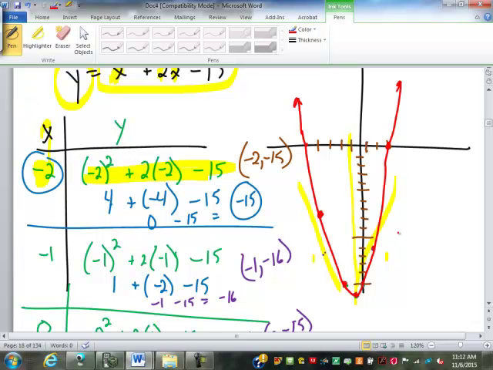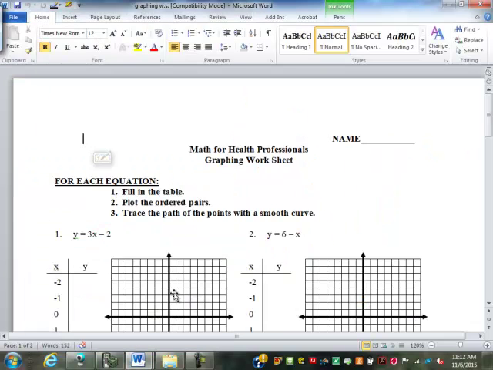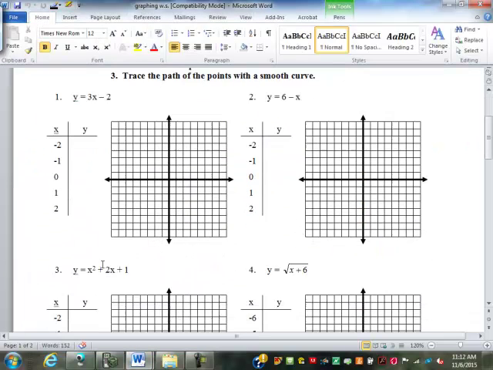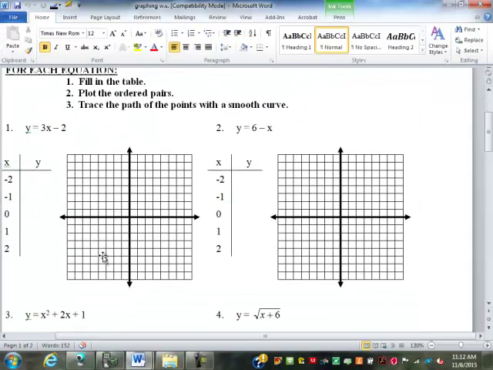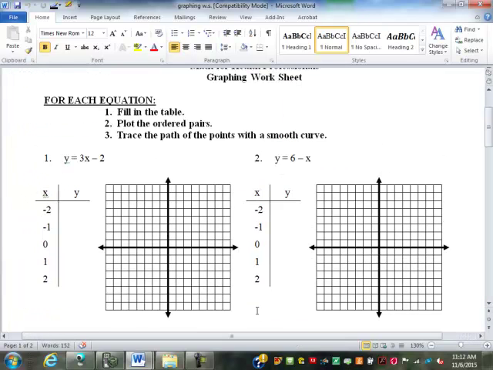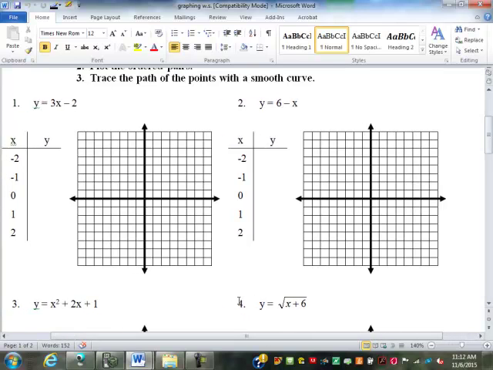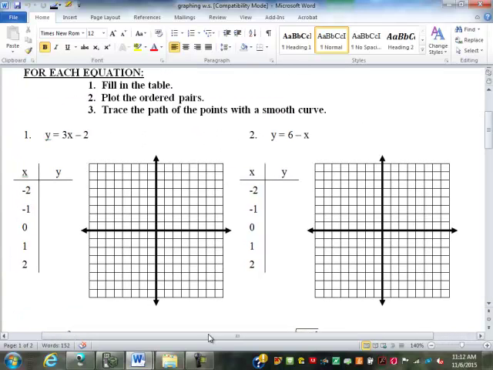Okay, so what I want to do right now is I've got this worksheet that I'm going to put up on the board. And I want you to either work alone or with somebody next to you if you want to. I'm going to pull that up just a little bit further so it's a little bigger for you. Plug the numbers.